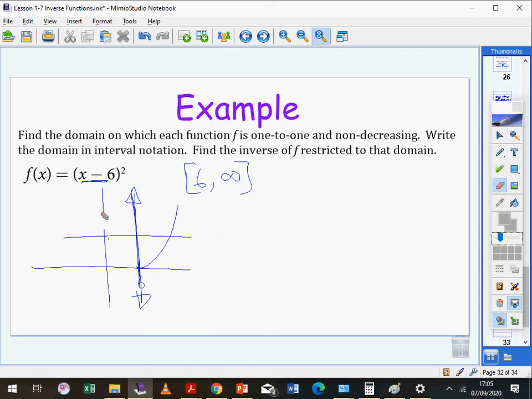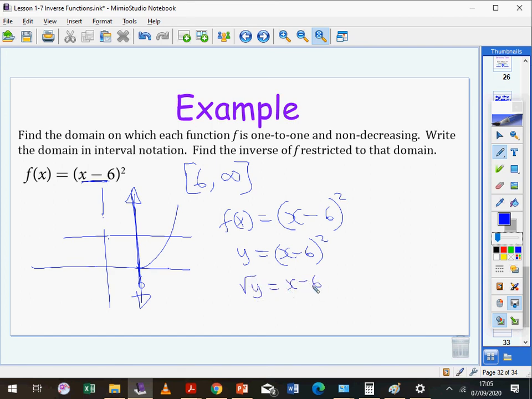And we can also now find that inverse by trying to make x the subject. So if f of x is equal to (x minus 6) squared, I'm trying to find the inverse. Remember, I can call this y equals (x minus 6) squared. If I try to find the inverse, take the square root of both sides, I'll have square root of y equals x minus 6.